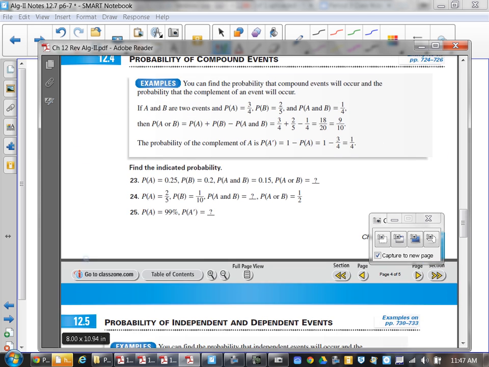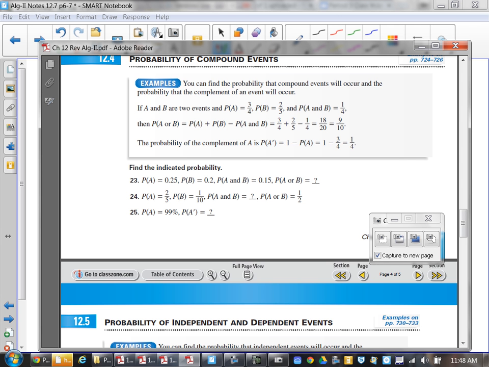Are they independent or dependent events? Remember, independent draws, you're multiplying things together. What's the probability of rolling a 2 and then rolling a 2 on a single die? 1/6 times 1/6. Each roll is independent, there is no dependence there.